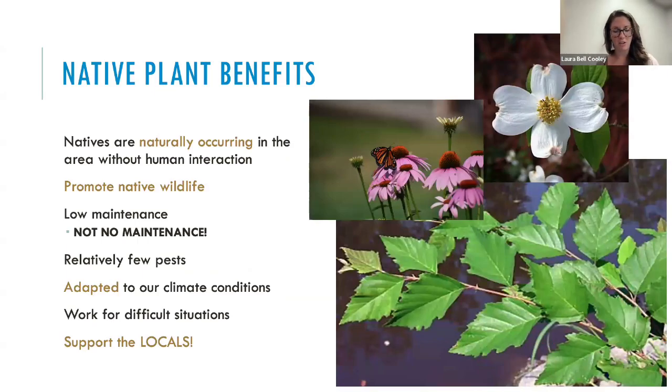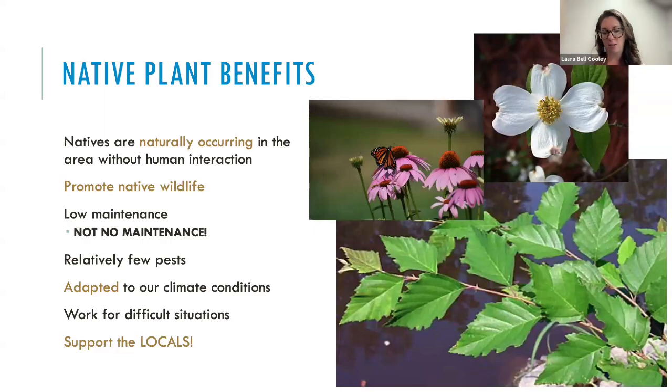We often encourage using native plants in tandem with other landscape plants. There's a couple reasons for this. Native plants are naturally occurring in Alabama, so they're better adapted to the different climate issues that we might have. We have a lot of climate variation, lots of rain, but also periods of drought.